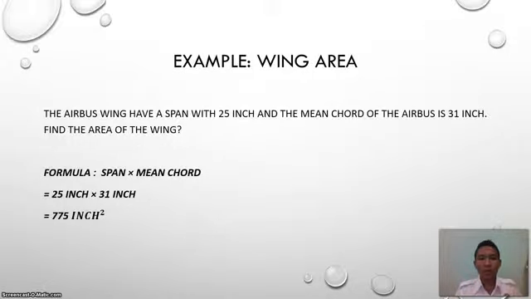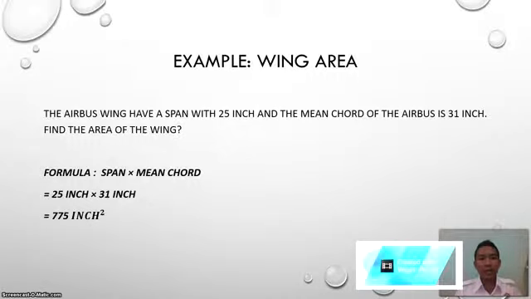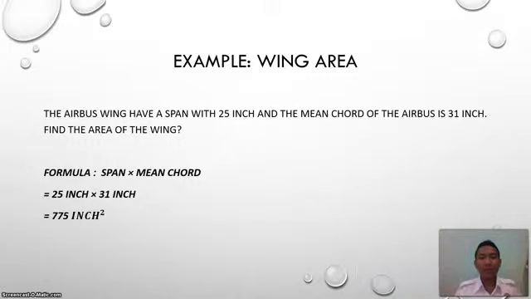So let's find the answer for this question. The Airbus wing has a span of 25 inch and the mean chord of the Airbus is 31 inch. Find the area of the wing. Based on the formula, wing area is equal to span times mean chord.